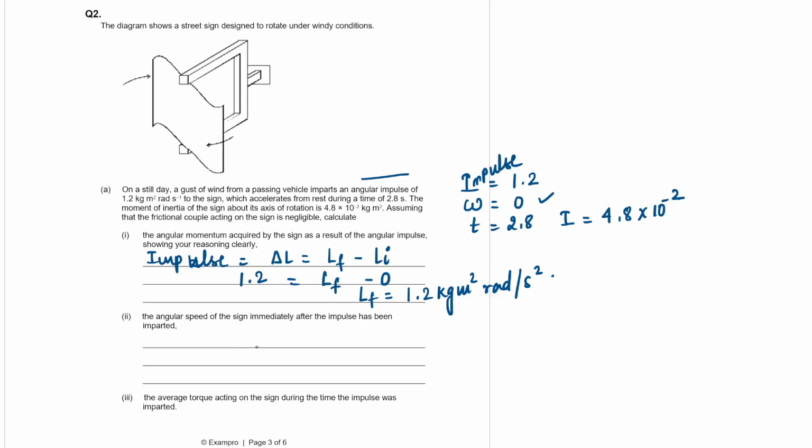The angular speed of the sign immediately after the impulse has been imparted. So now it's asking omega.